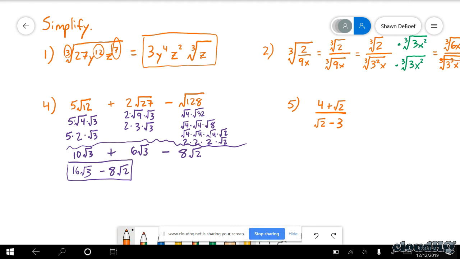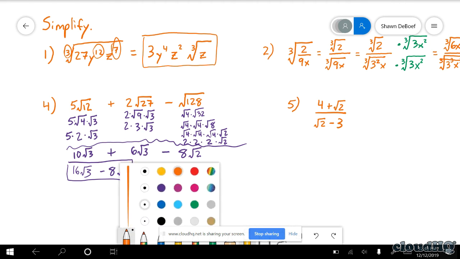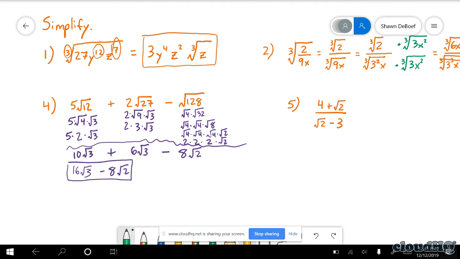This is unique from the first couple fractions we did because of the plus and the minus there in the denominator. It's not a single term. It's a binomial, if you will. So we have to approach it differently. We are still going to rationalize. We have to multiply by something, but it's perhaps a little more complicated than it was before.